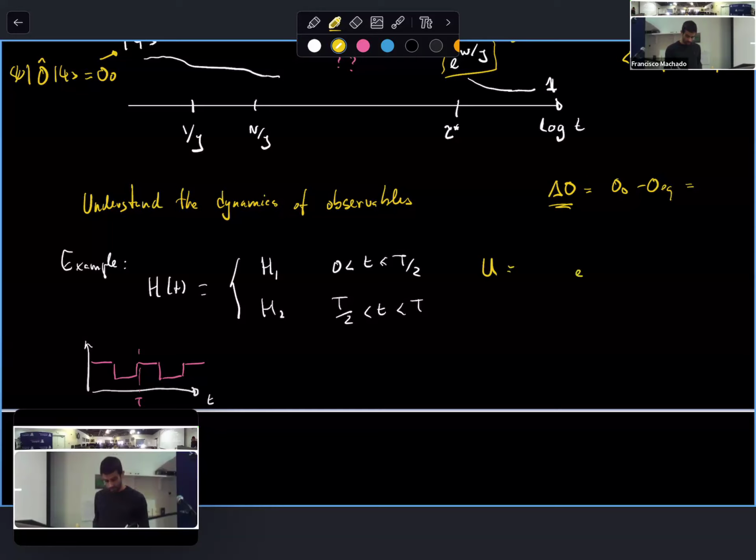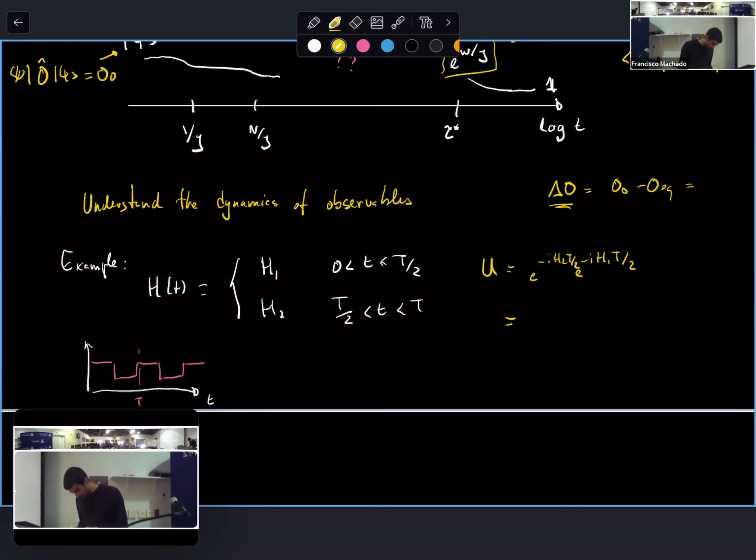Because it's just being generated by two static processes: I evolve with H1 for T over 2, and then I evolve my system with H2 for T over 2, right? And the crucial thing is that if my T is very small, or my frequency is very large, we expect that we can use Baker-Campbell-Hausdorff and collect everything into a single exponent.